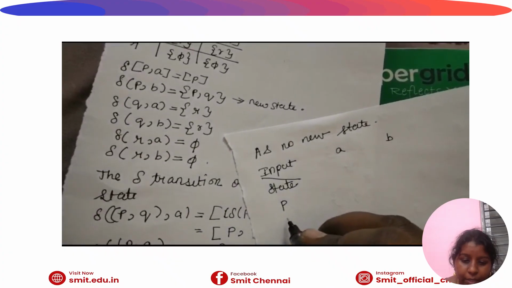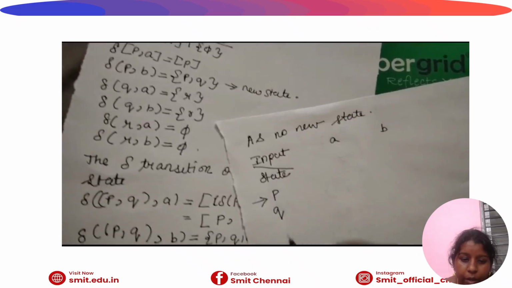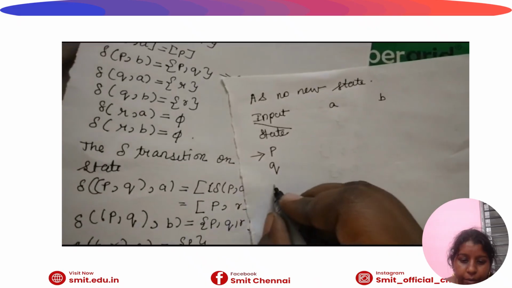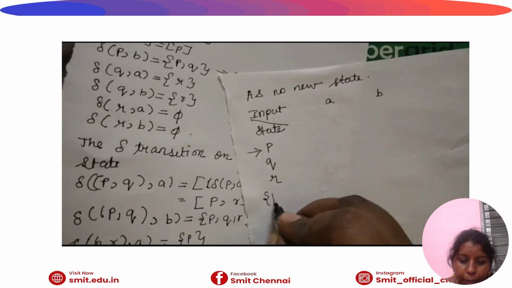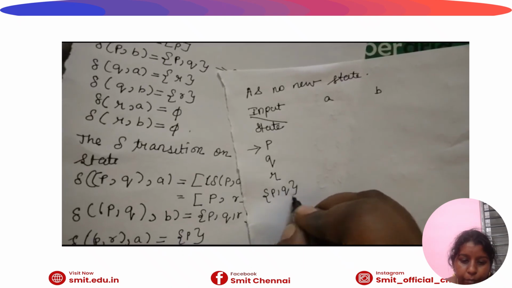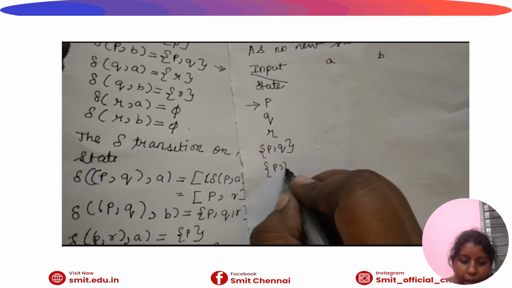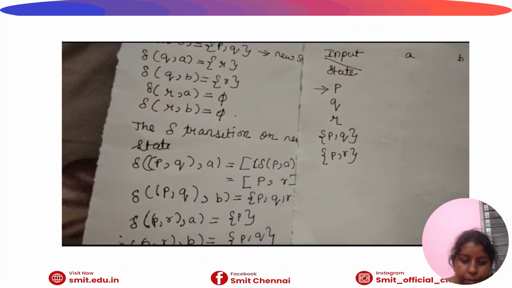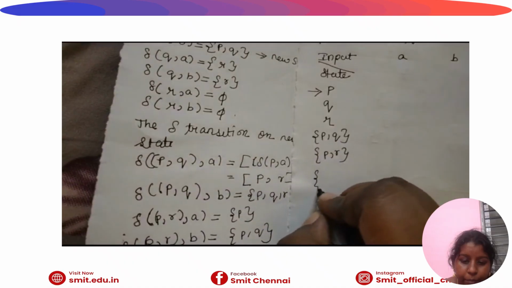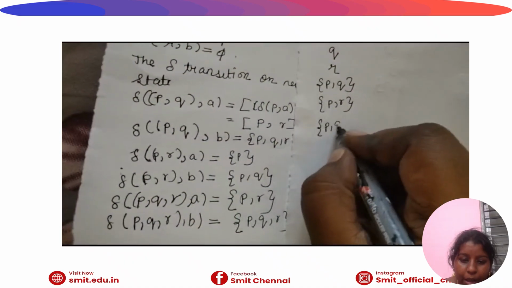Now we are taking the states P, Q, R, P comma Q, P comma R, P comma Q comma R.